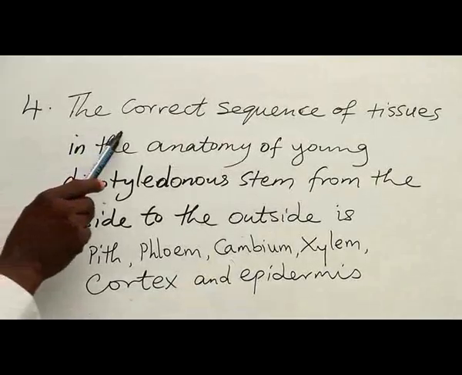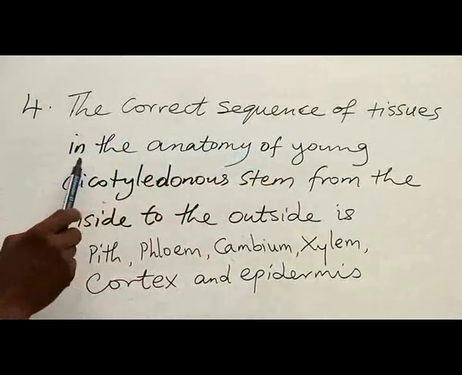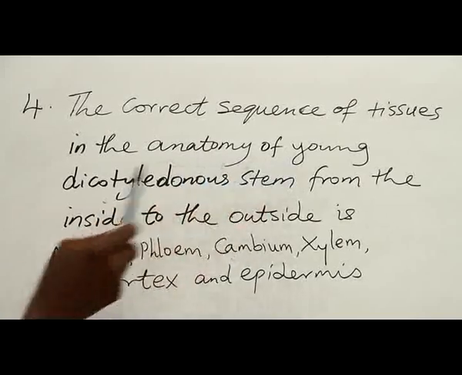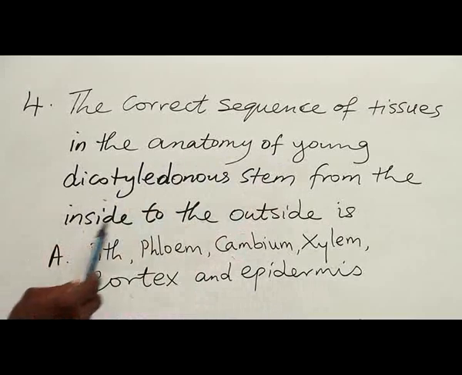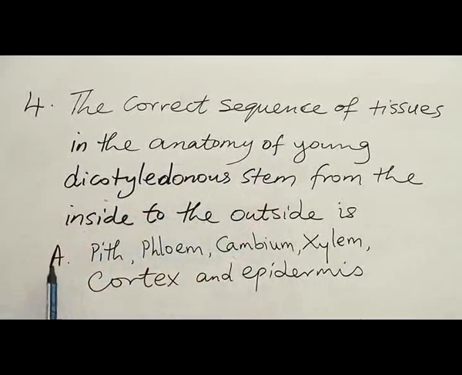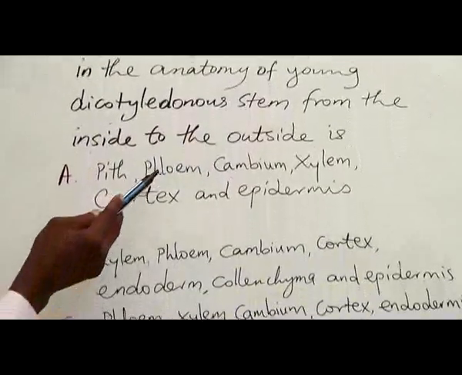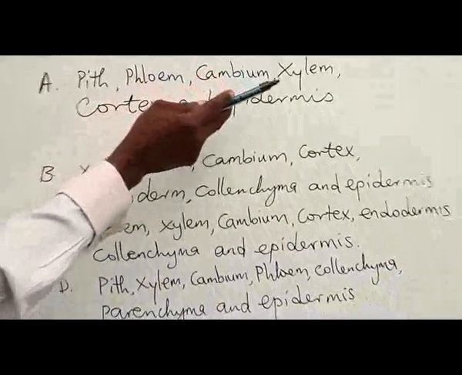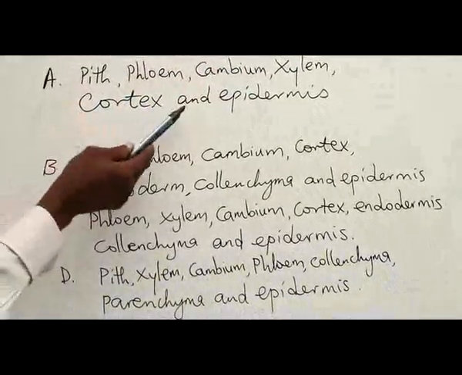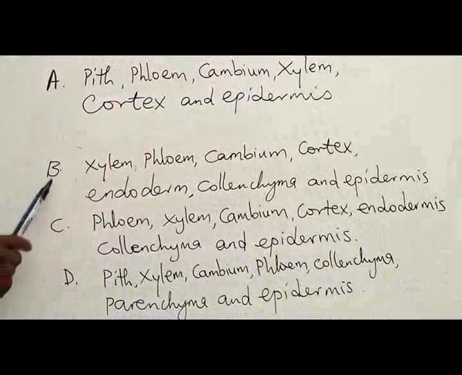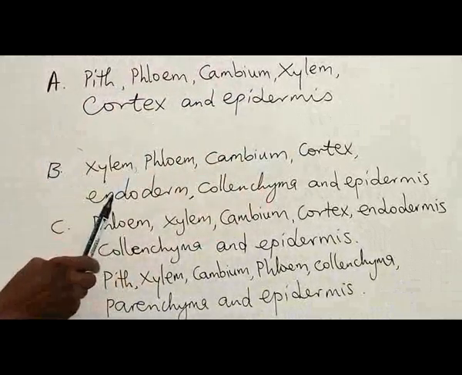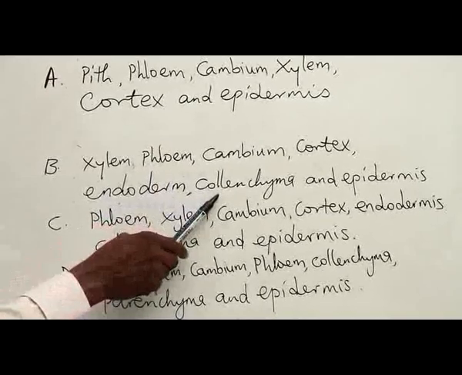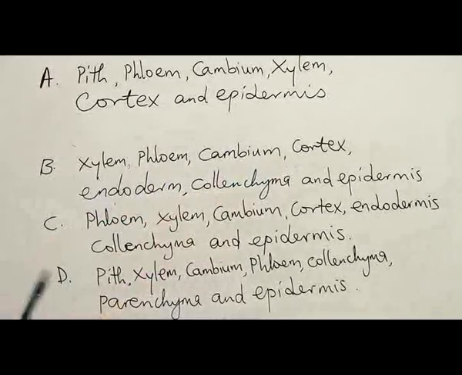Number 4. The correct sequence of tissues in the anatomy of a young dicotyledonous stem from the inside to the outside is A. Pith, phloem, cambium, xylem, cortex, and epidermis. B. Xylem, phloem, cambium, cortex, endodermis, collenchyma, and epidermis.